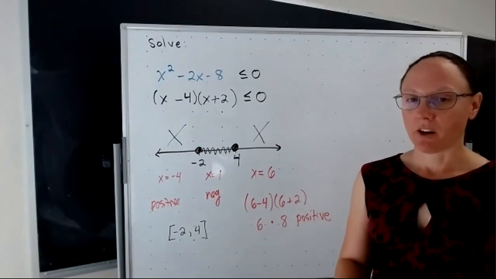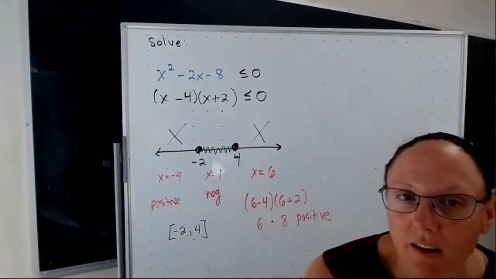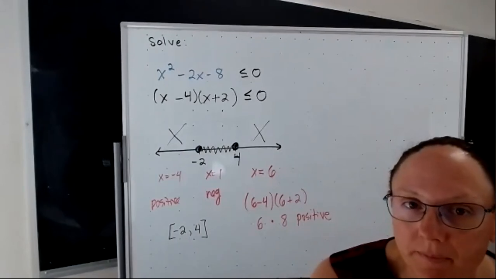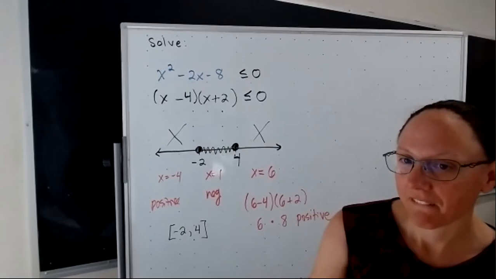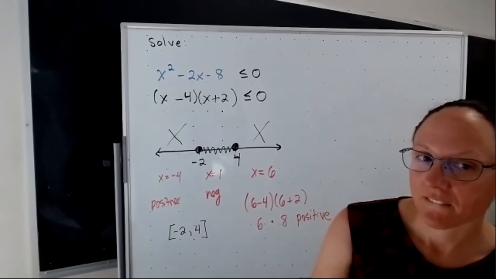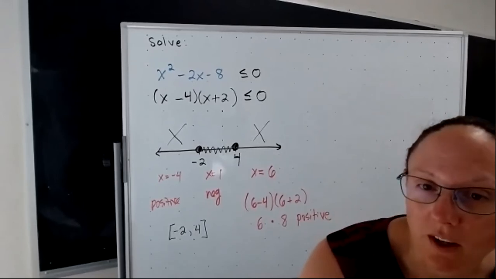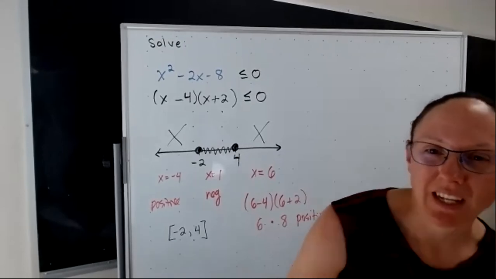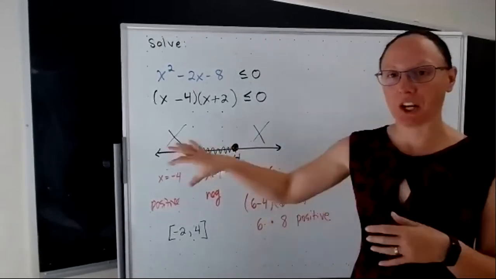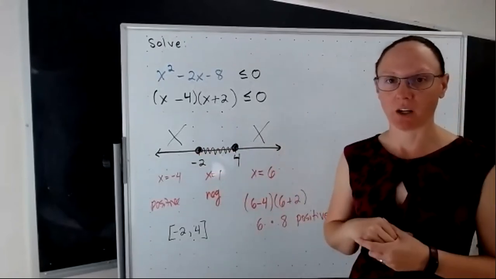And then just because I'm curious, quick poll I'm throwing out there. Have you seen this? I'm going to call it number line method. Some people call it a number chart method before.